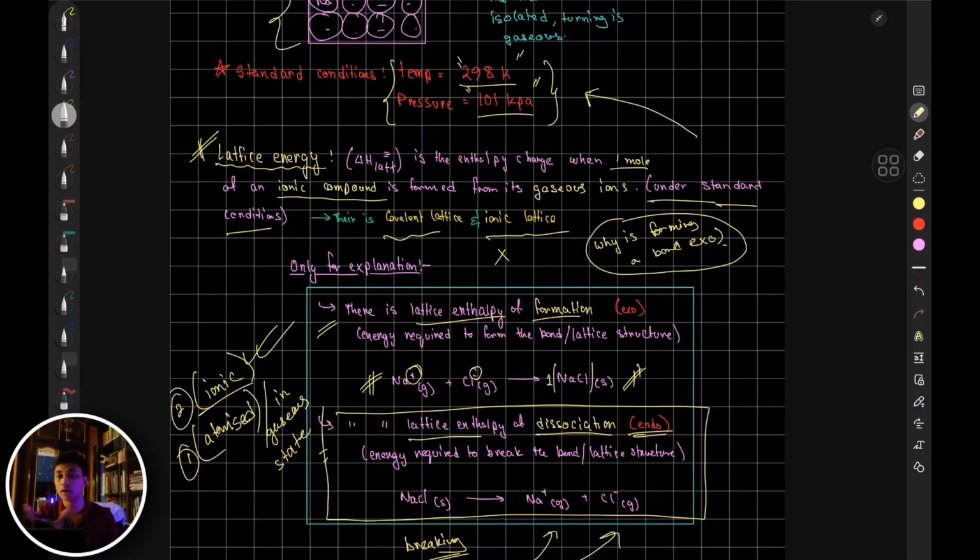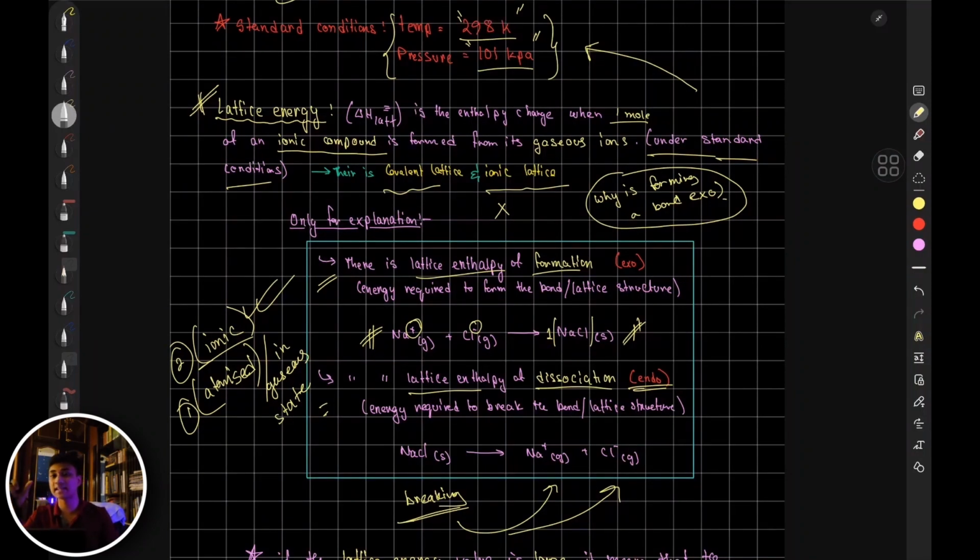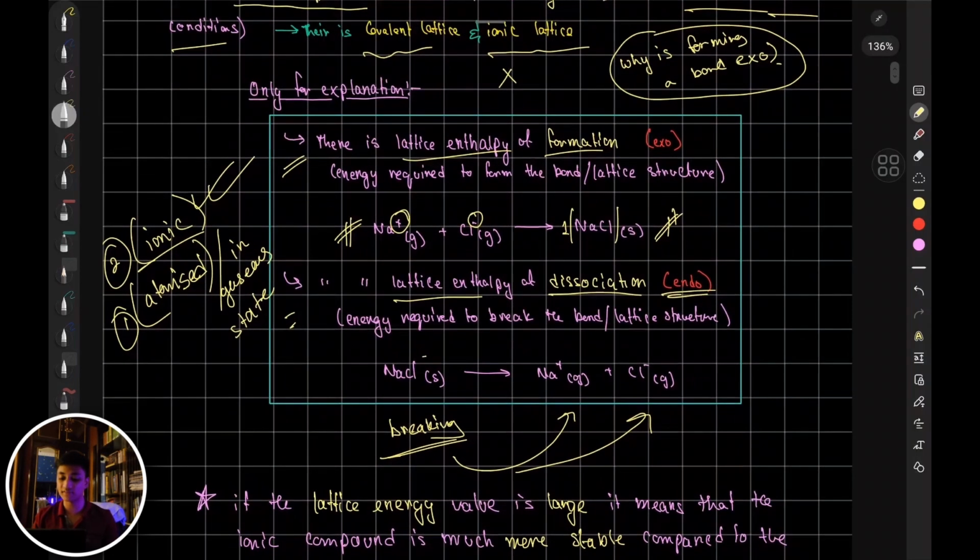They don't include the energy required for an endothermic process, which is breaking down the ionic structure. So this is not a part of the definition. This is just for the sake of explaining, because in a lot of questions, you may be asked to find the lattice energy, but you will be given the ionic compound and you will have to break it down into the separate ions, and then you would be getting a positive value.